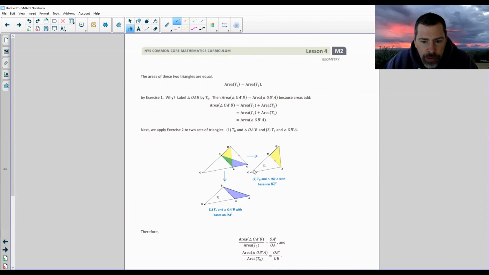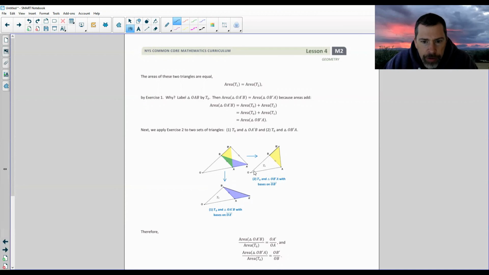But over here, OA is our base and B prime is our altitude. So if you take the area of triangle OA prime B, which is this triangle down here, it equals the area of T naught and T2. So it equals the area of the white plus the purple.